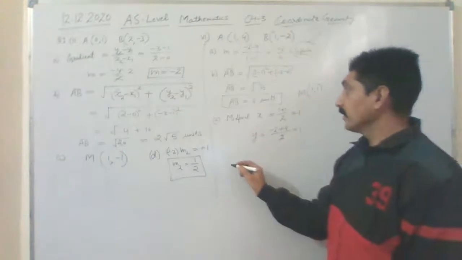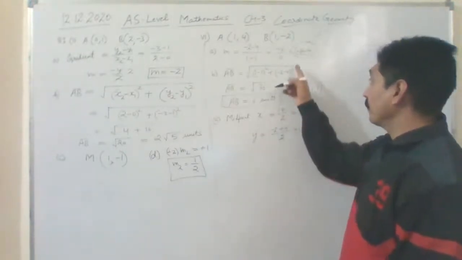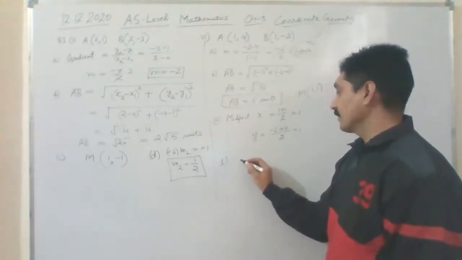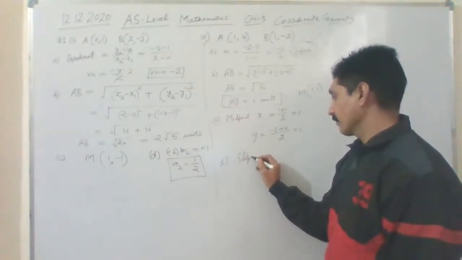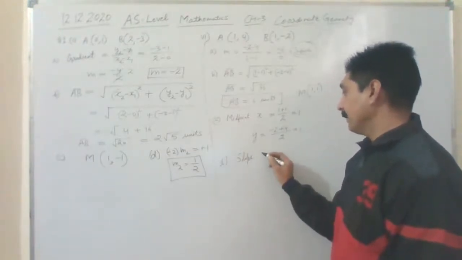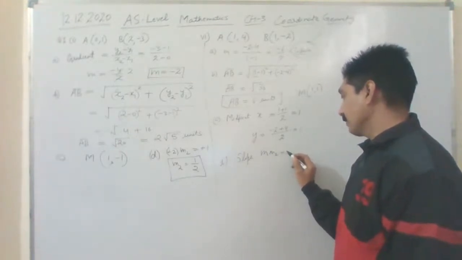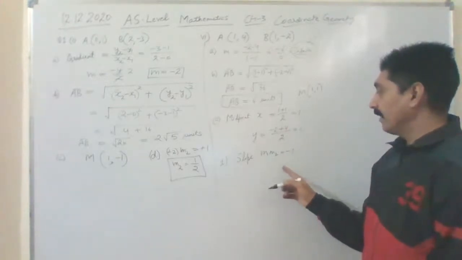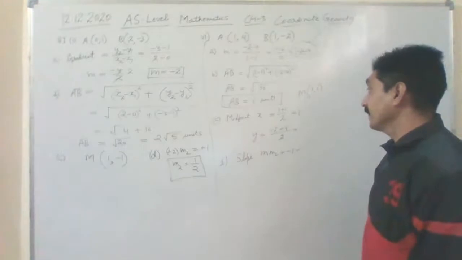And the last one. Here the slope of the line is infinite. The slope or gradient of a line perpendicular to it is always 0, because m1 m2 is equal to minus 1. Here m1 is infinite, right?